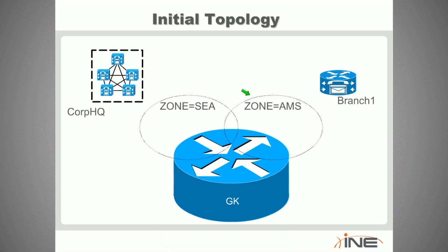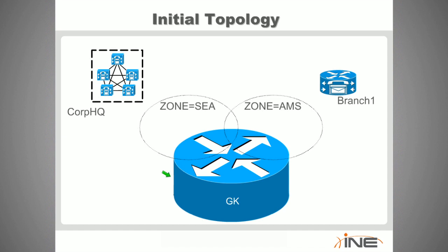And then we have zone AMS, because our branch 2 CME router, again forgive the typo, is actually in Amsterdam, Netherlands. And so we've got 2 separate zones. So what are zones? Well, just like DNS, they're just logical partitions.